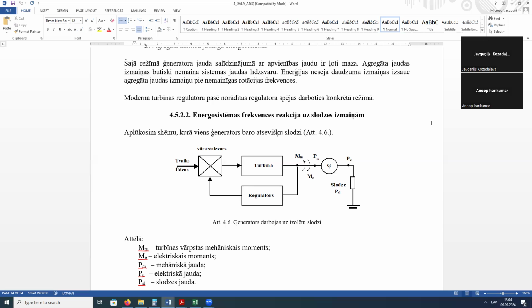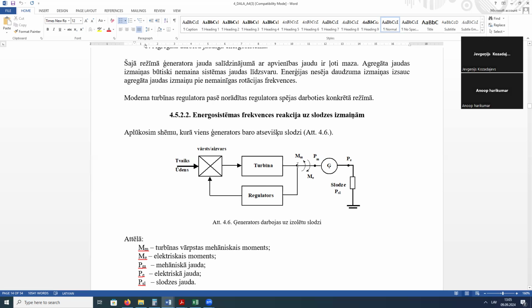But how could we calculate this inertia, how could we understand how much time this inertia could bring to us for any action and any operation? Now, let's look inside this question. So this is again a simplified schematic for our review. Here we got the generator, load, turbine regulator, and the valve, the same as we saw previously.